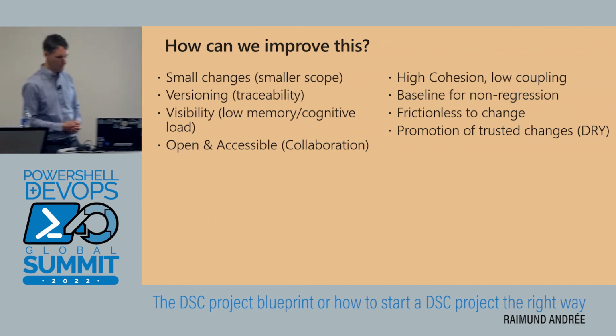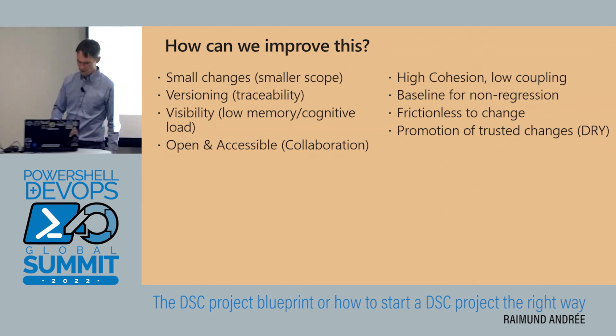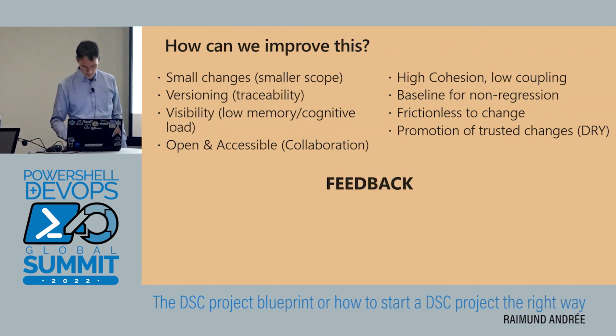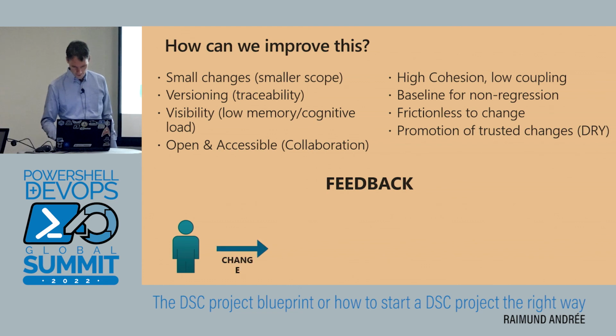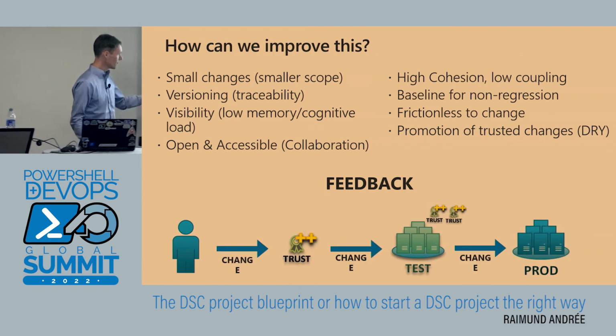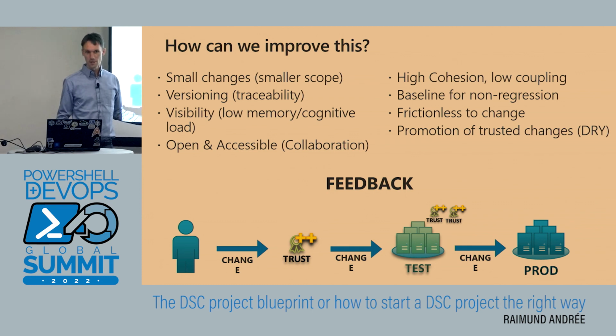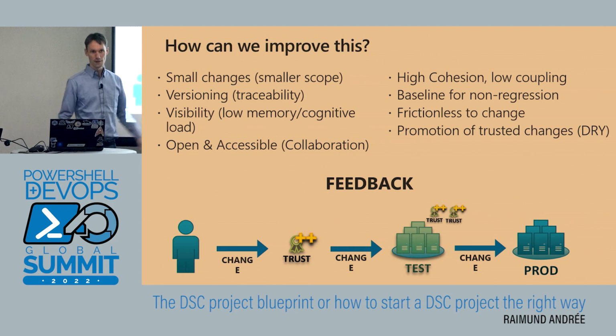And yeah, promotion, let's go to that point. Promotion of trusted changes. I think the next slide explains this a bit better, also the feedback loop. Change, trust, yeah. So this is the old process, right? In the old process, somebody does a change in a test environment first to see if this works at all, maybe in a Hyper-V machine.